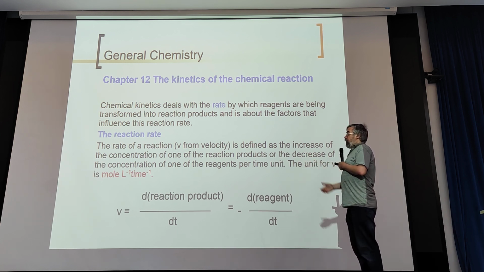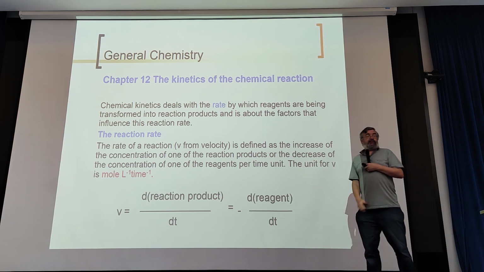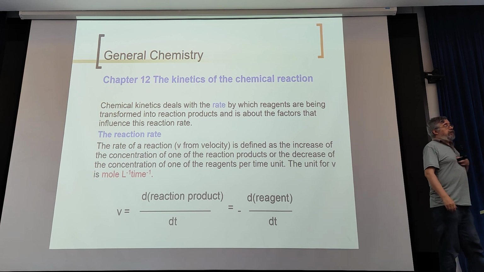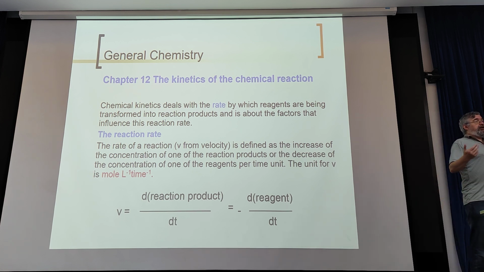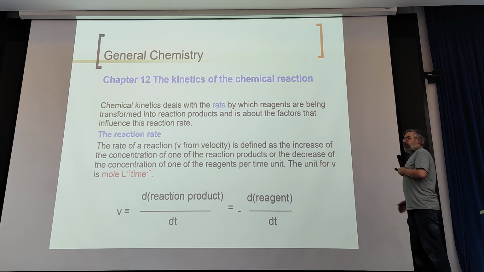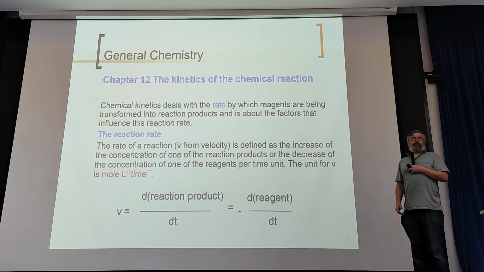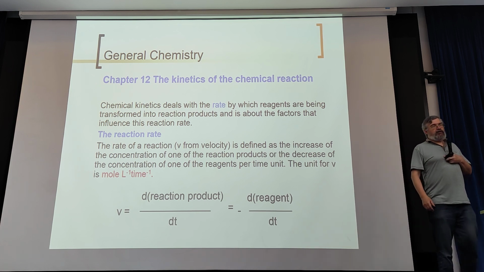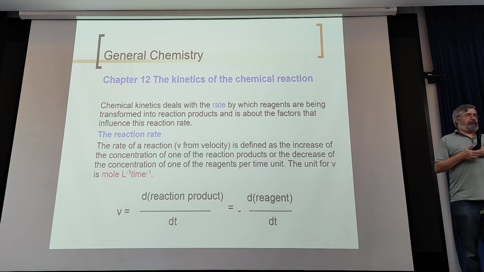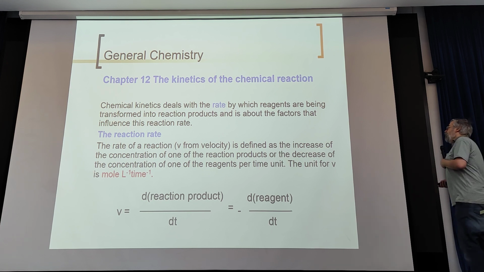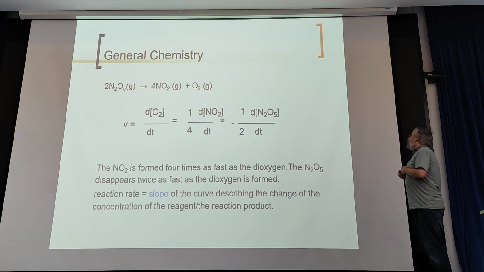If you look at it, well, the concentration is in mole per liter, and time could be in seconds, or in minutes, or in hours, or in days, centuries. But I think the SI normally is seconds, but of course, if it's a very slow reaction, you might want to use hours or something like that.